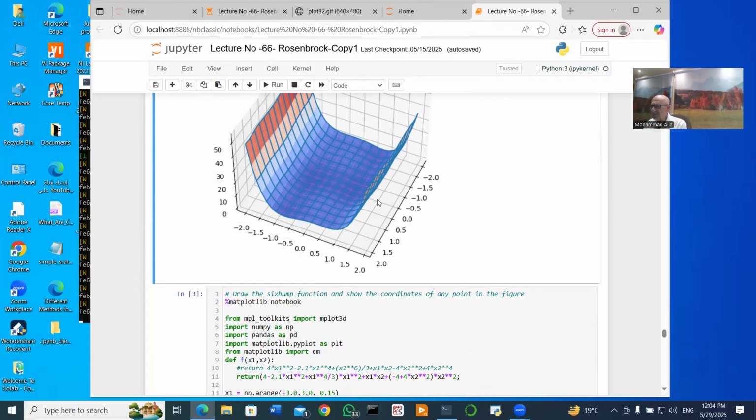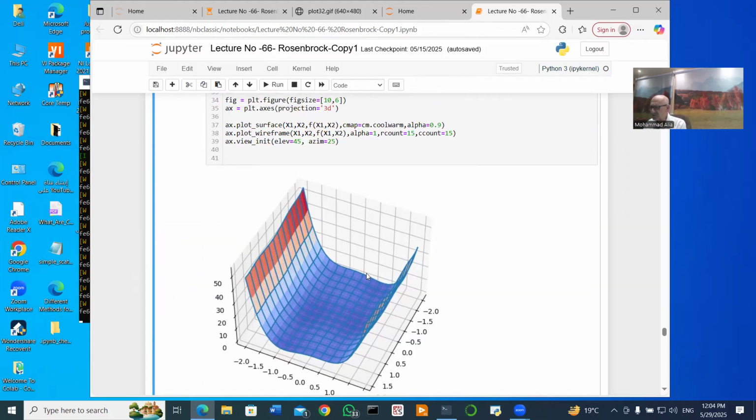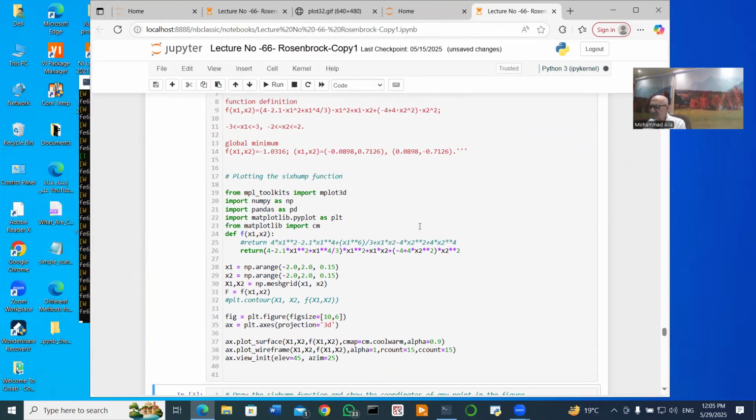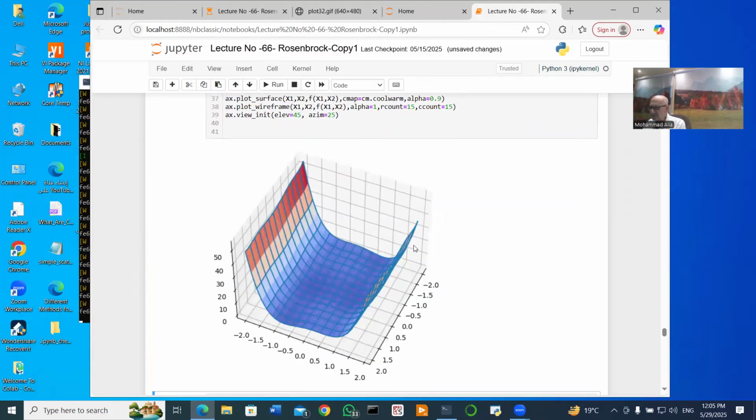When we run the program, we shall have this figure as you see here. Let me run it for you. Now it appears. This is the figure of the six hump.